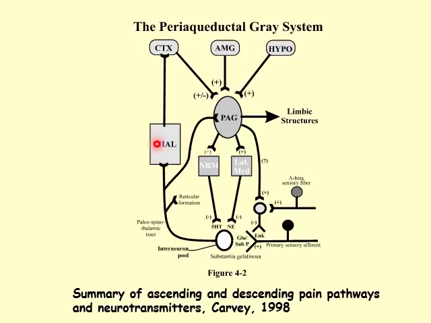The direct sensory pathway goes up to the cortex to let the brain know where the stimulus is and how strong it is, and this information goes to the periaqueductal gray, which has the capability of sending pathways down to the spinal cord, into neurons that have encephalinergic synapses that can modulate this pathway.